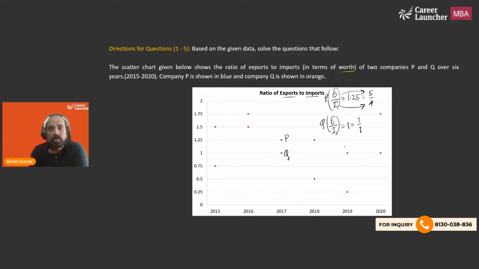Okay. So I hope you know that whenever the export is greater than import, we call it deficit. And whenever the import is greater than export, we call it surplus, right? So here export is more. So we are talking about deficit. Here we have no deficit, no surplus. Okay.